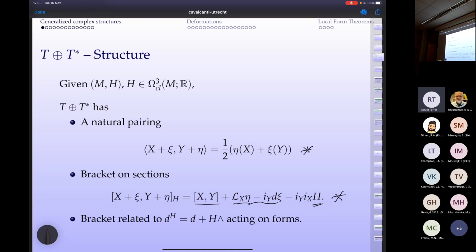And whenever you restrict yourself to isotropic spaces, the differences disappear, because the difference between the skew symmetrization and this one has just to do with the derivative of the pairing of the sections that you're using. So if you skew symmetrize, what you add or subtract is half of the derivative of the pairing of x plus psi with y plus eta. So the notion of integrability would not change if you had used the skew symmetrization.